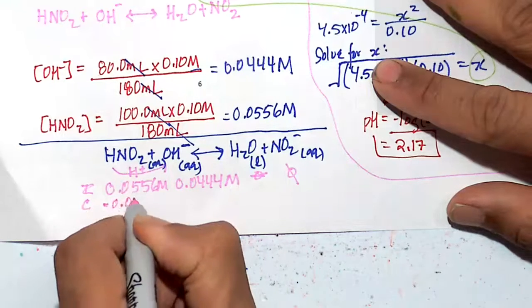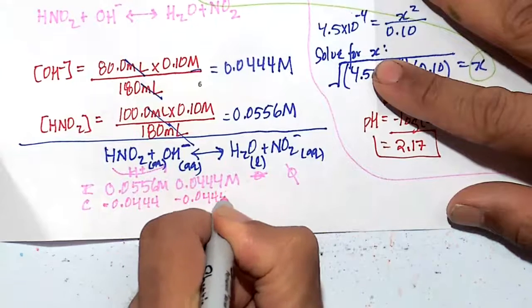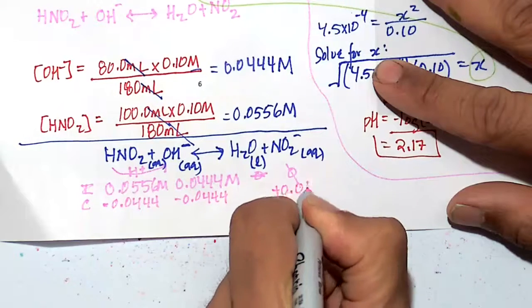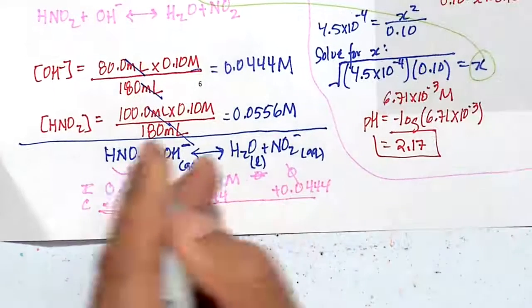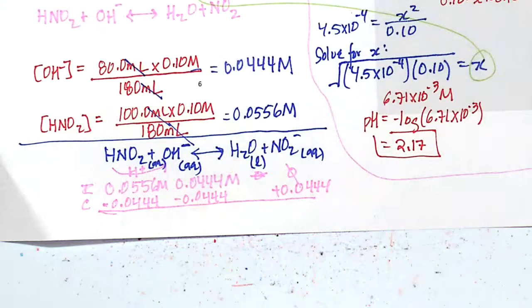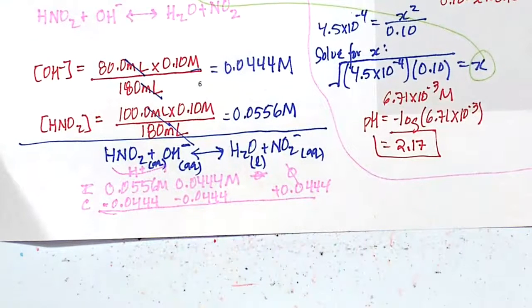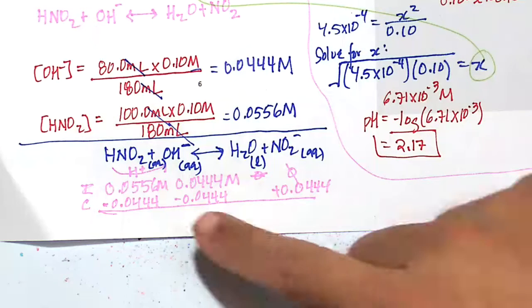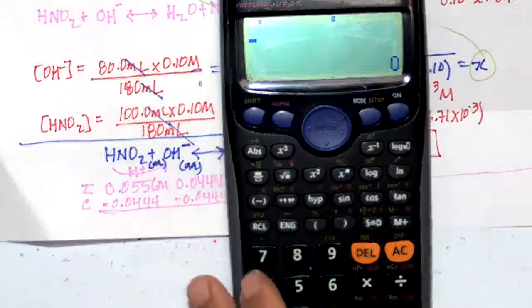It's a strong base, so all of it will be eaten up. It's all gone. You never have anything strong left over. So how much is all of it? 0.0444, all of it. So 0.0556 minus 0.0444.